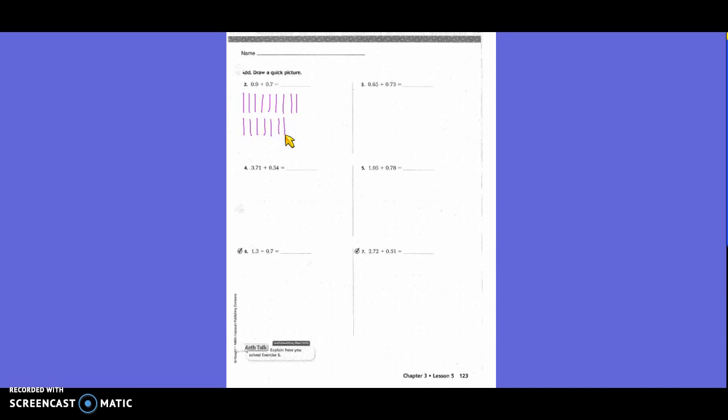So what do I need to have in a group to create a flat? 10, right? So there's 1, 2, 3, 4, 5. So right here, right? And what am I going to do with that circle? Cross it off and draw a flat and a square, not a rectangle.